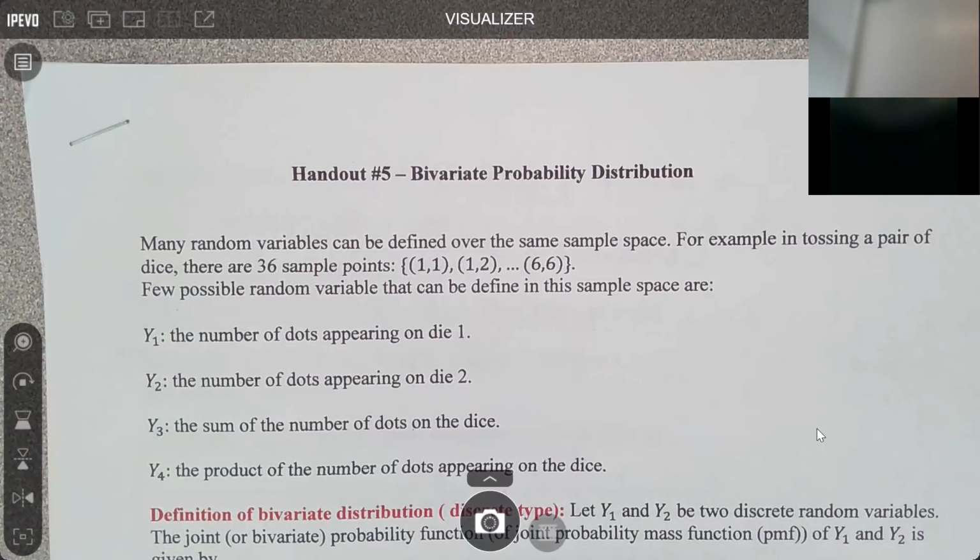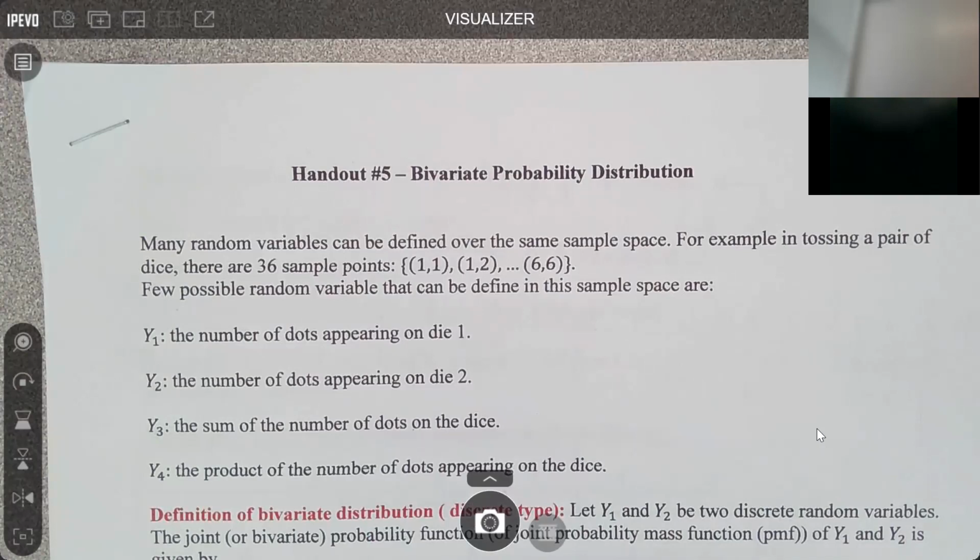And y1 takes the value, let's say small y1, and y2 takes its value, and they are taking them together, right? Jointly, it means that there is some probability of occurrence.